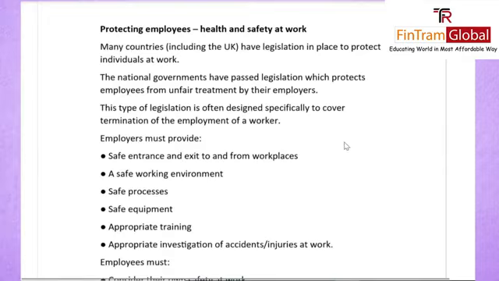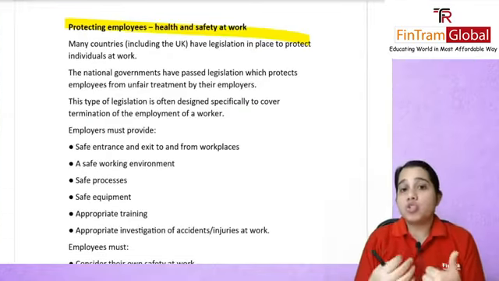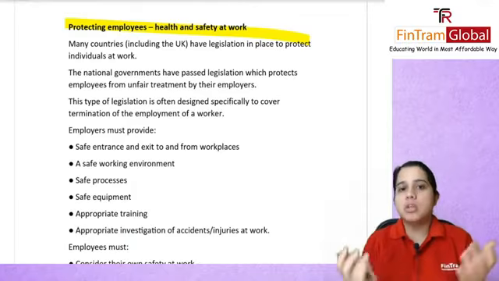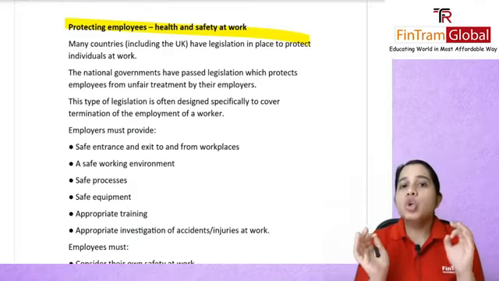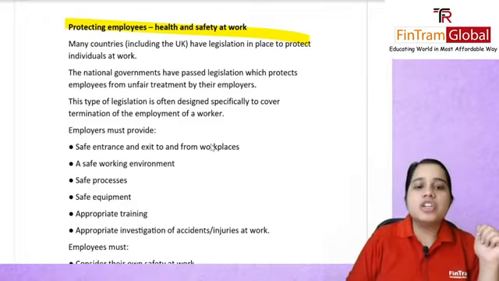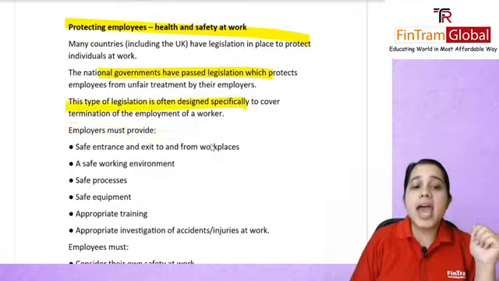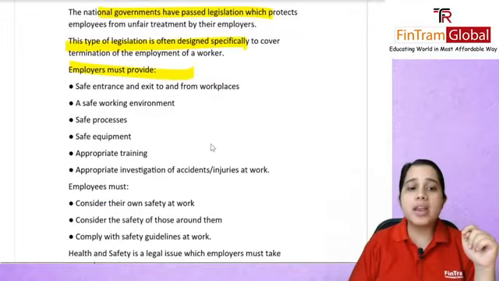Next is the protecting of employees, which is basically your health and safety at work. We talked about what organizations will need to do to ensure that the employees are working in good, healthy and safe working conditions. The national government has passed legislation, and employers must provide safe entrance and exit to their employees.